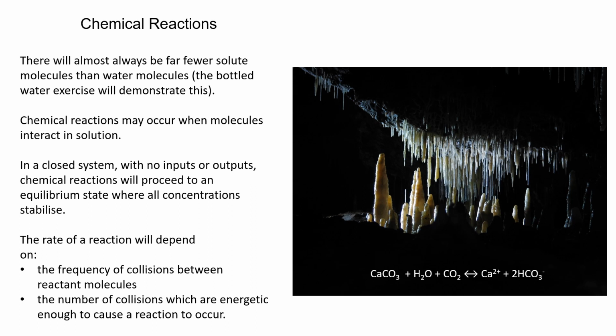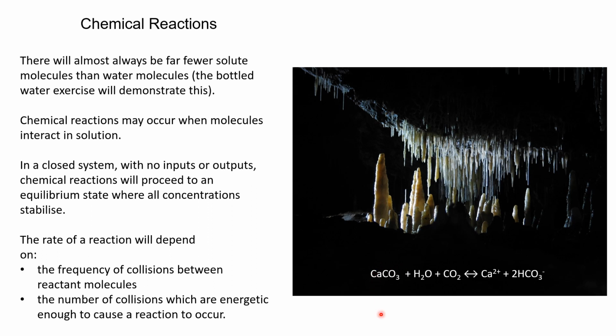And the example I'm going to use quite frequently throughout these slides is the example from the carbonate system, which is shown on the right-hand side. So this is a nice picture of stalagmites growing in a cave, and the stalagmites are made of calcium carbonate, which is CaCO3, which is this part of this equation here. And calcium carbonate is also limestone.